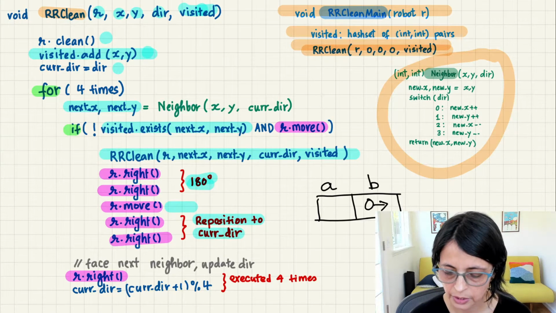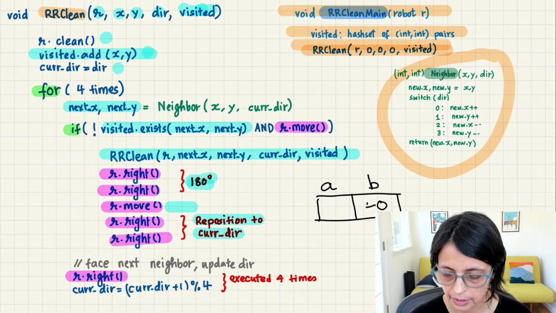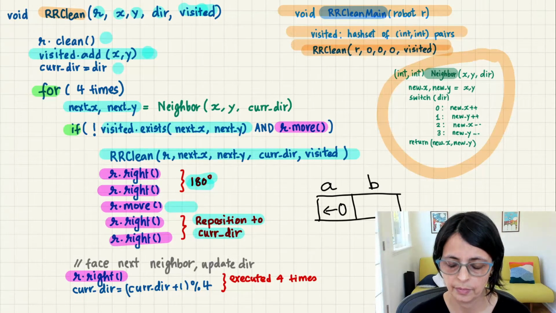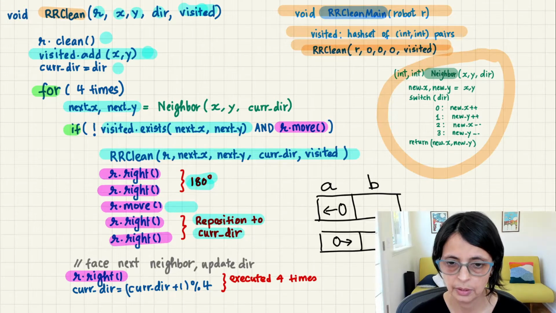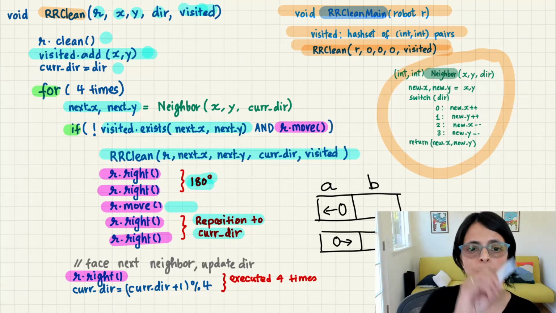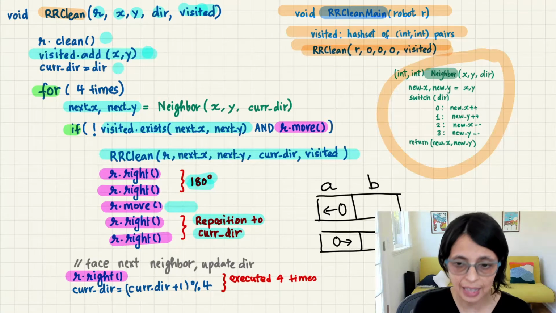Then we turned it 180 degrees, meaning now the robot looks like this. Then we did the move, okay? Now the robot looks like this. But when we called it, before we went to B, the robot looked like this, remember? And in order for us to iterate over our 4 neighbors, we need to reposition it exactly where it was.